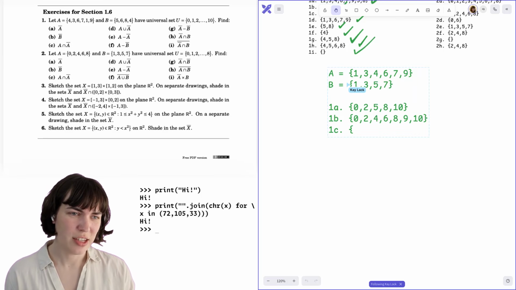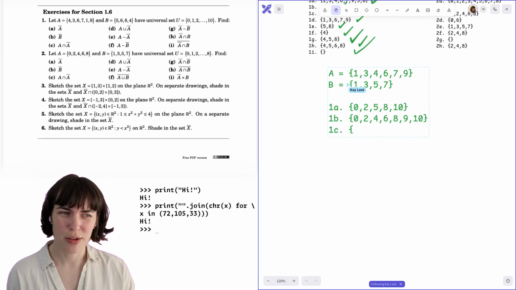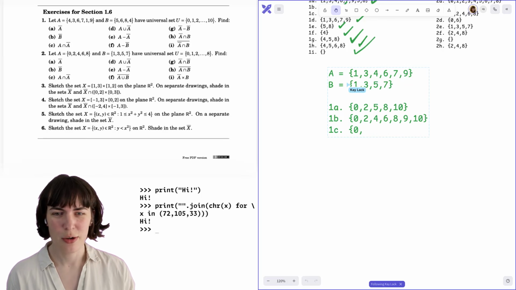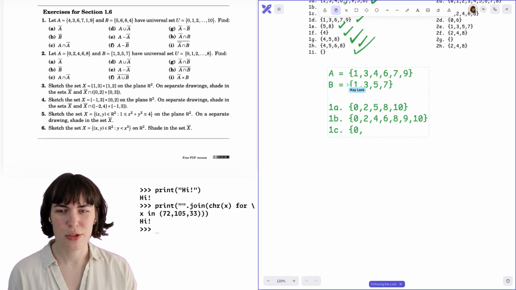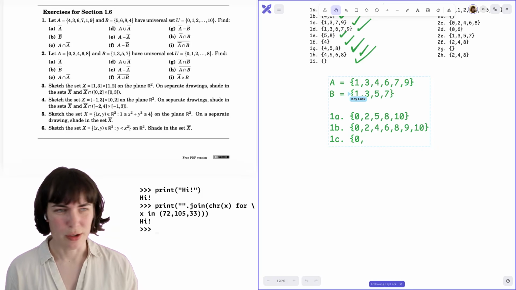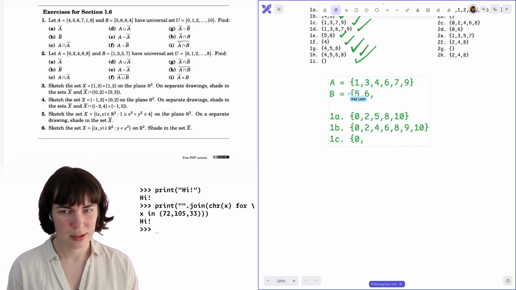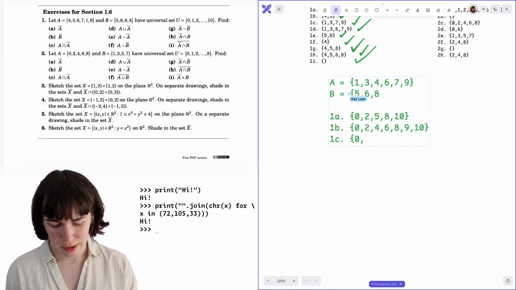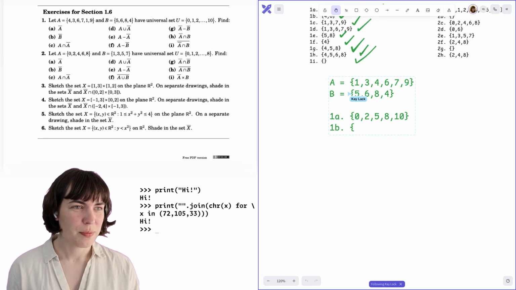On C, we take the intersection of the A set and its complement, which in theory should just be the universal set, right? Oh wait, why am I thinking? Why am I just in the wrong exercise again? Wow, terrible behavior. 5, 6, 8, 4. Hello, Erman Trout. How are you doing?